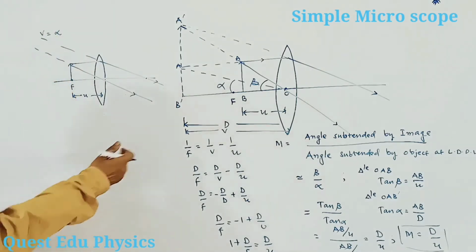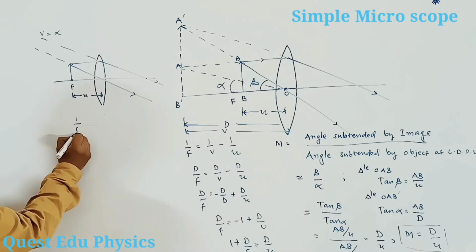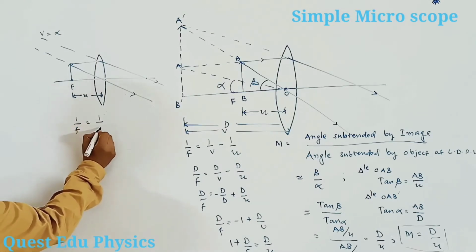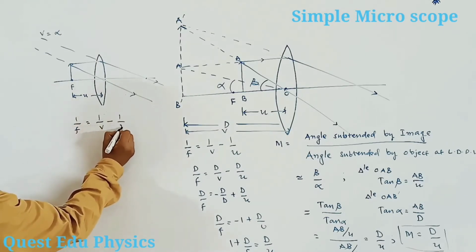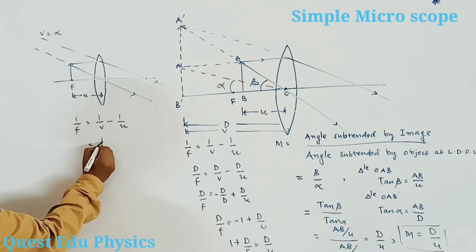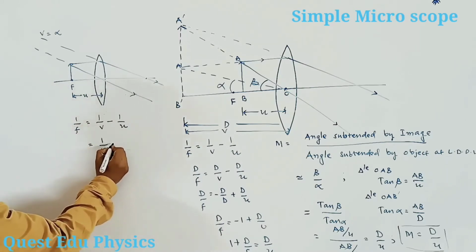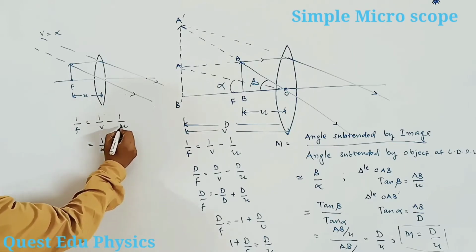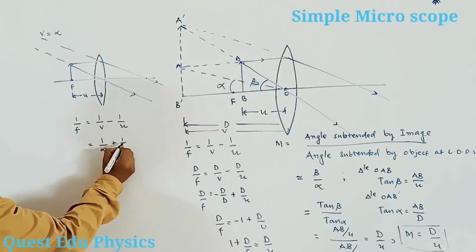Okay, students, then we are using the same relation: 1 by f is equal to 1 by v minus 1 by u. I am putting v as infinity here. 1 by infinity is equal to plus 1 by u.